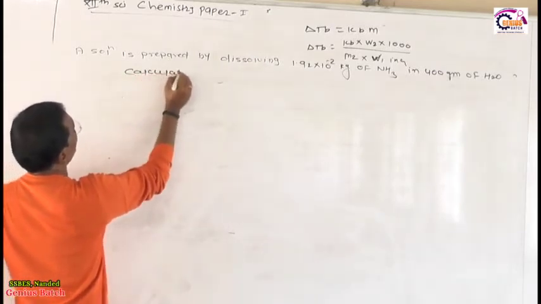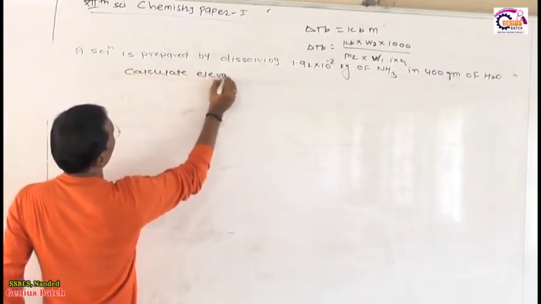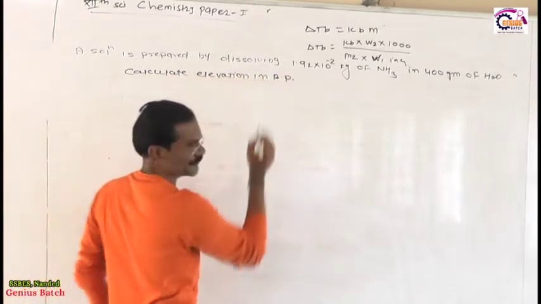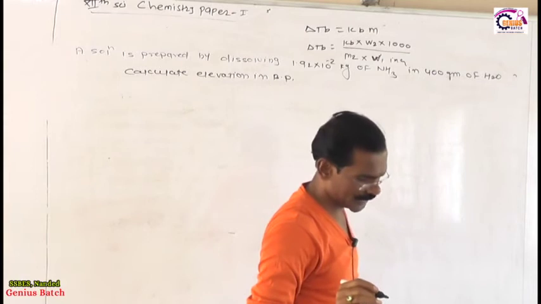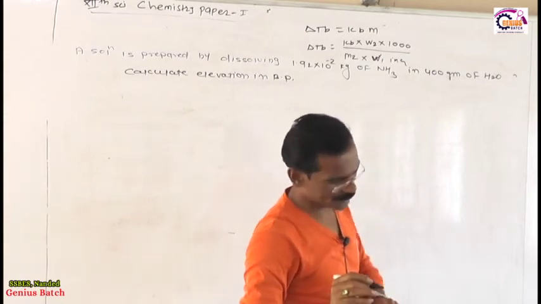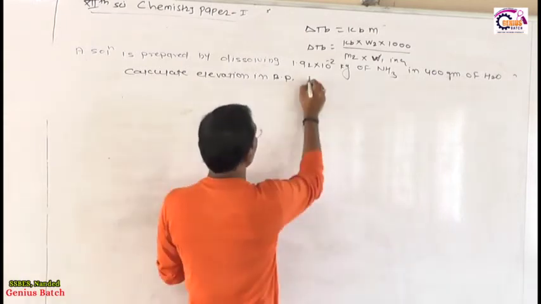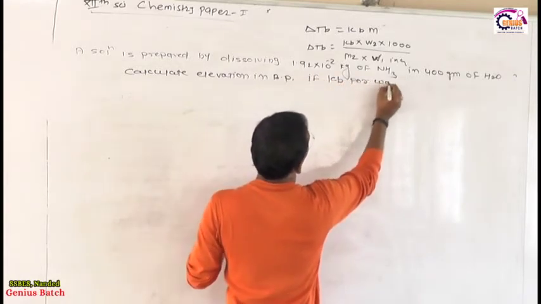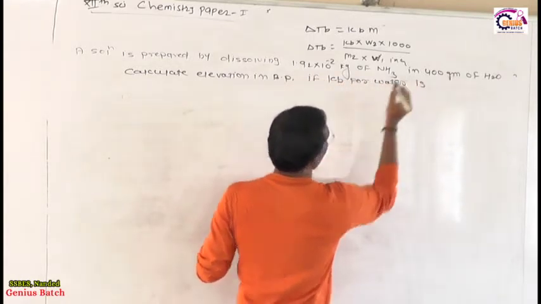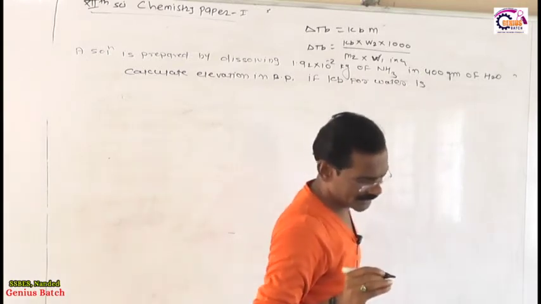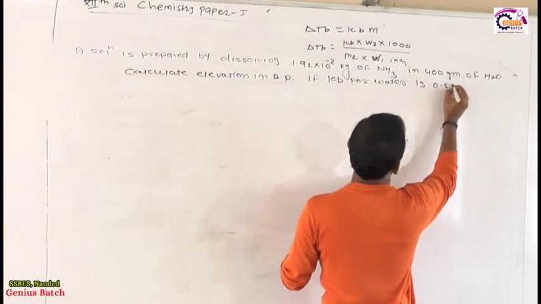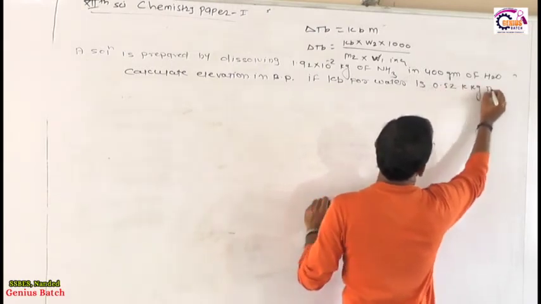Calculate the elevation in boiling point, if Kb for water is 0.52 Kelvin kilogram per mole.